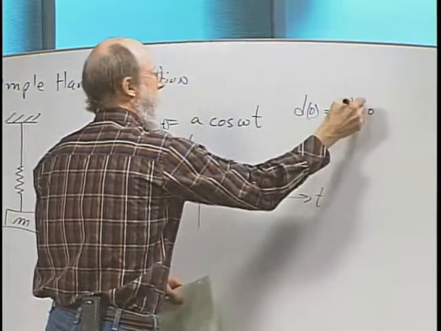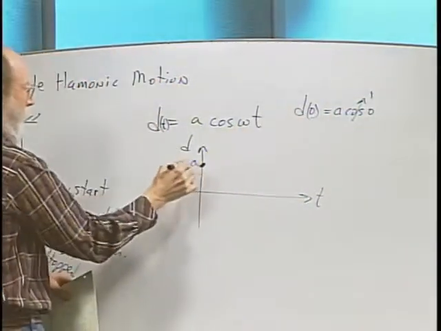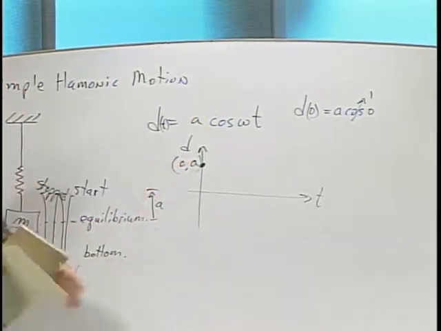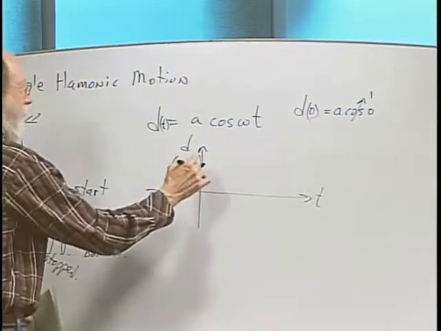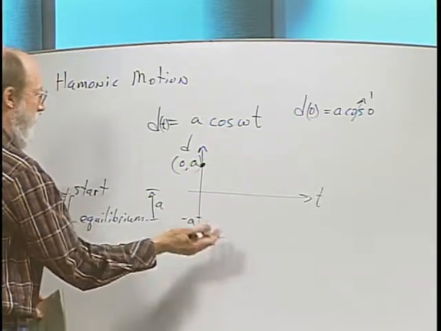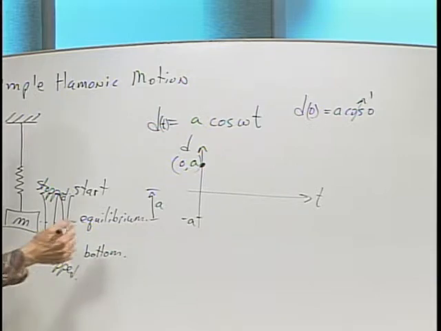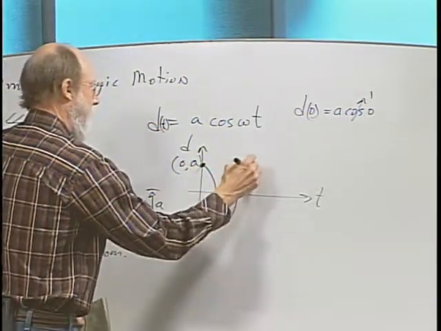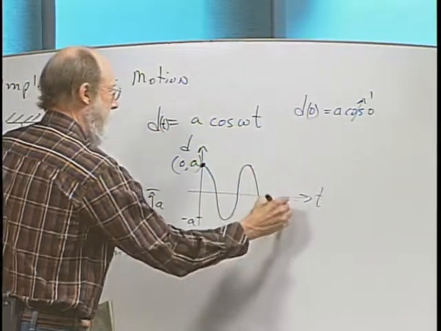Well, cosine of 0 is 1, and so it starts out with this y-intercept of a at time 0. And then this thing's going to oscillate over time. It's going to drop down to where it gets as low as negative a at the bottom, and it's going to cycle back and forth through that. Now there's one cycle, here's a second cycle.